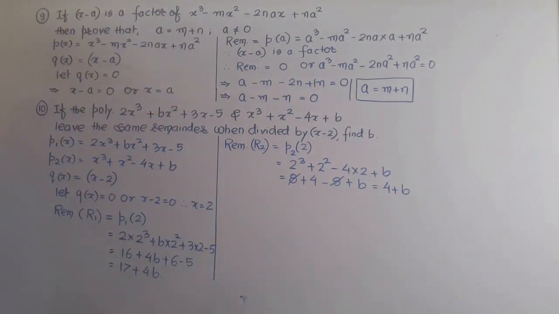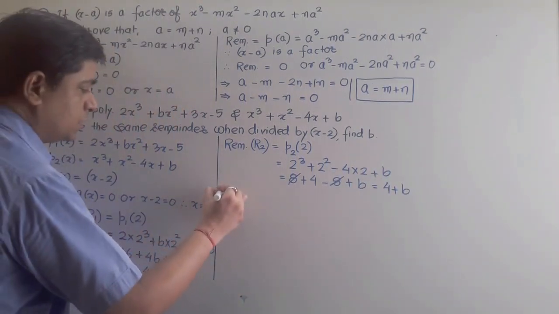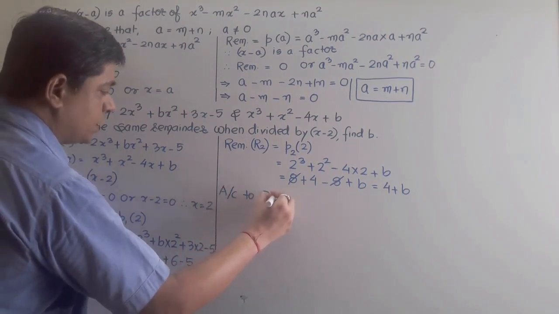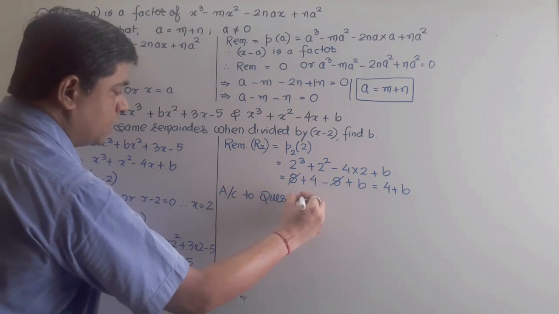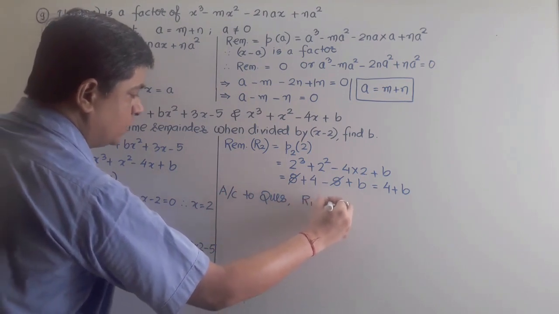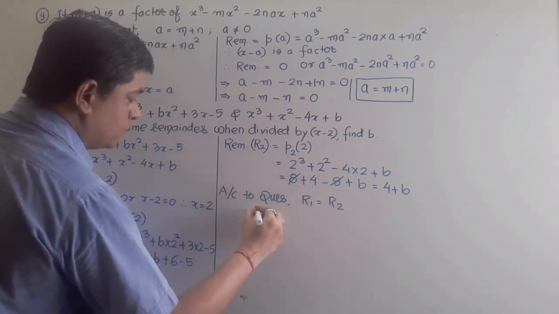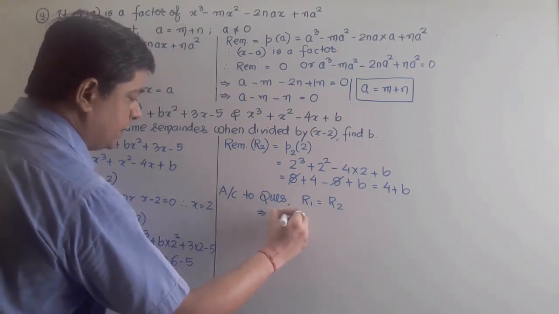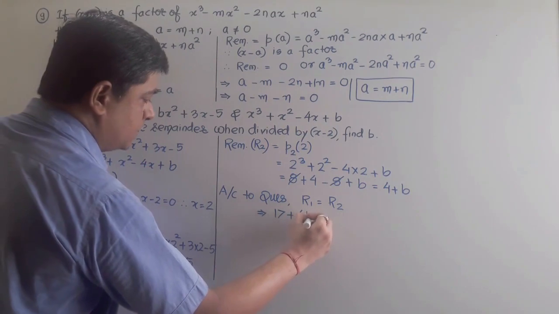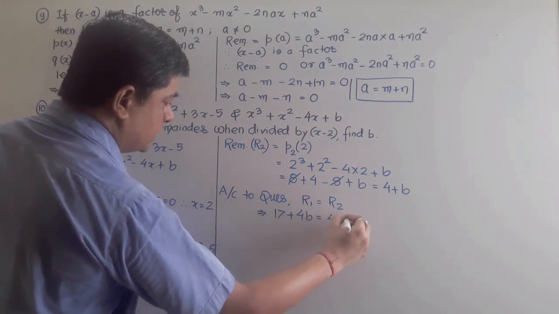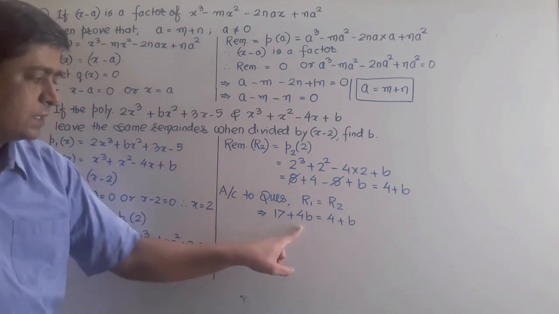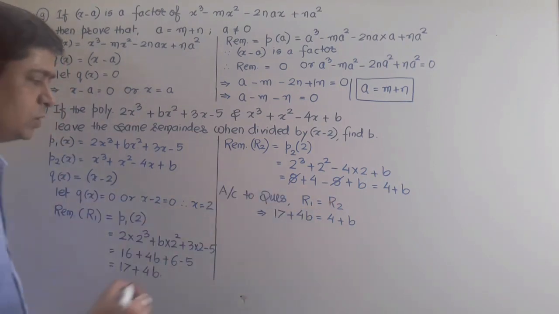Now, according to the question, these two remainders are equal. So we write, according to the question, R1 and R2 are equal. What is the value of R1 I have? 17 plus 4b. So 17 plus 4b is equal to 4 plus b. Now that b I can bring to this side, and 17 I can send to that side.